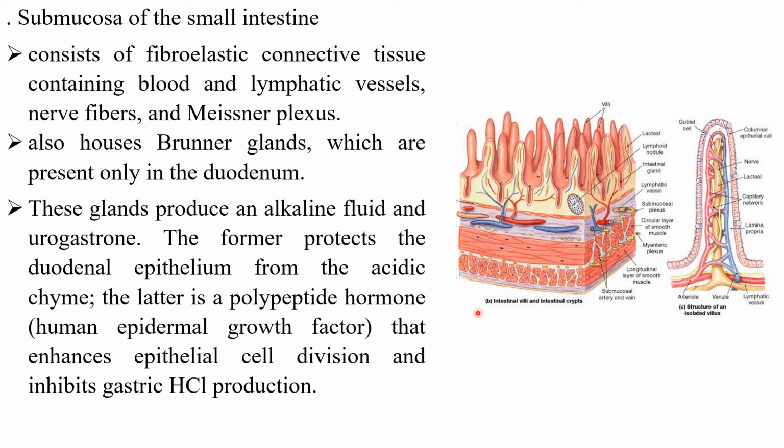It's also called human epidermal growth factor, which enhances epithelial cell division and inhibits gastric hydrochloric acid production. So that means urogastrone on one hand enhances the division of epithelial cells in the duodenum. On the other hand, it inhibits the production of HCl in the stomach.